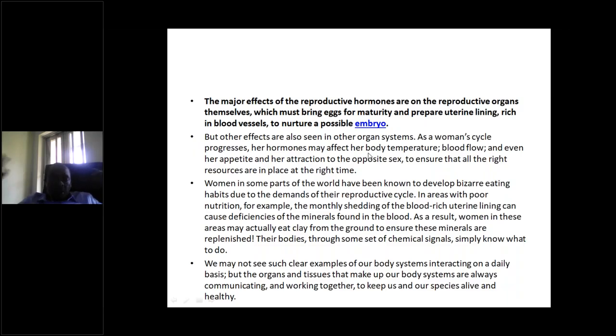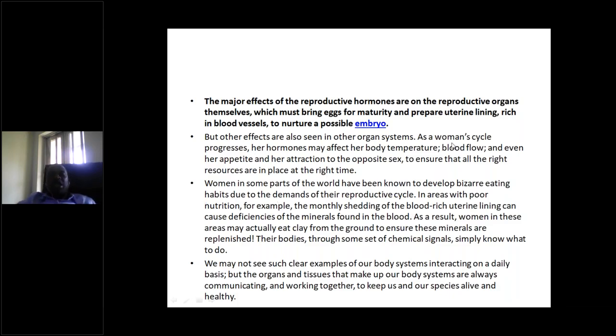The hormonal changes in the female affect her body temperature, her mood, her responses, her attractiveness to the opposite sex, and ensure that the right internal resources are made available for the embryo to be sustained and for childbirth.